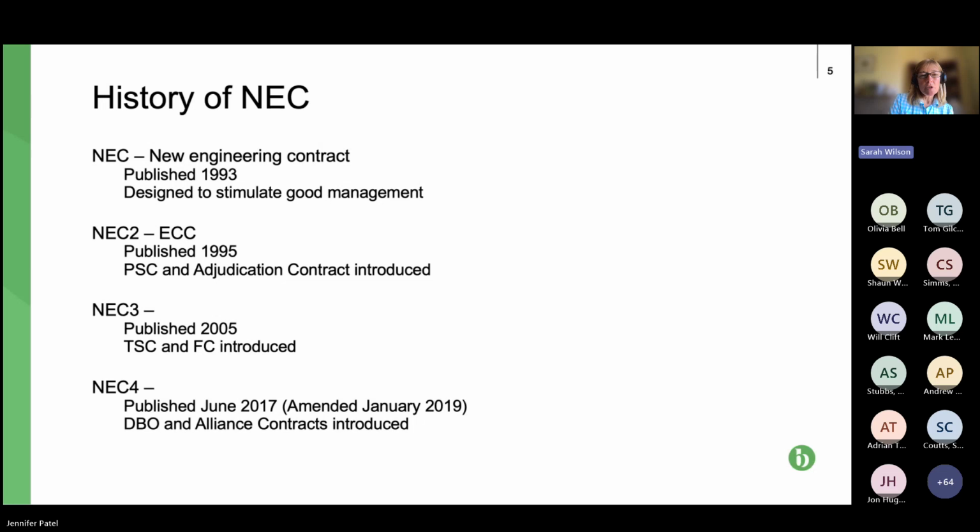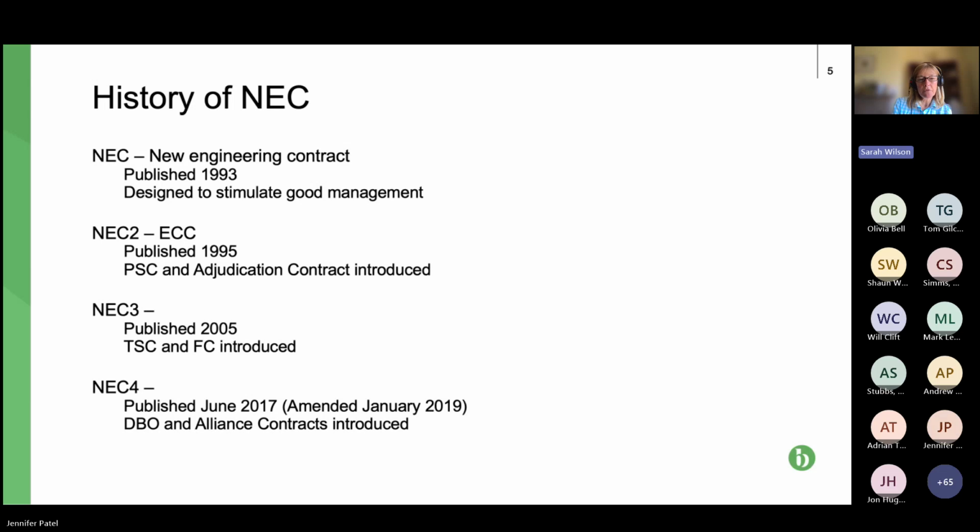So NEC 2, 1995, 3, 2005, and you'll see from each of those, the final point for each of those refers to new contracts that are introduced. So every time they bring out a new version, not only do they update the existing contracts, but they bring out a new contract or two.